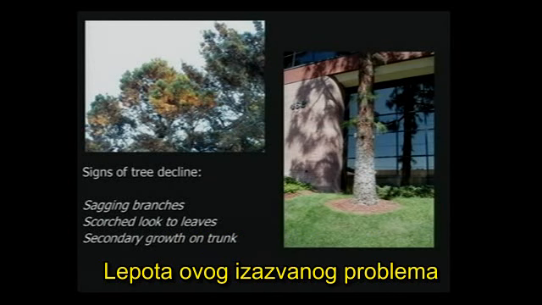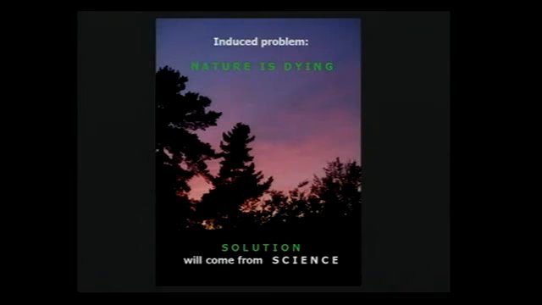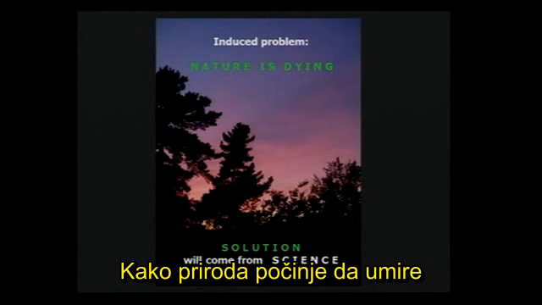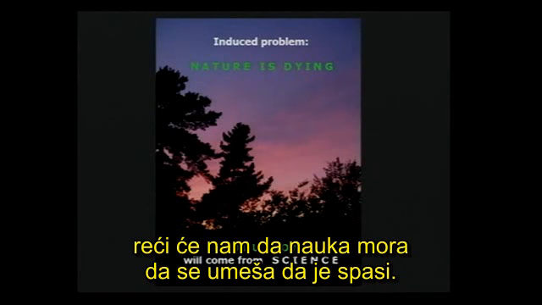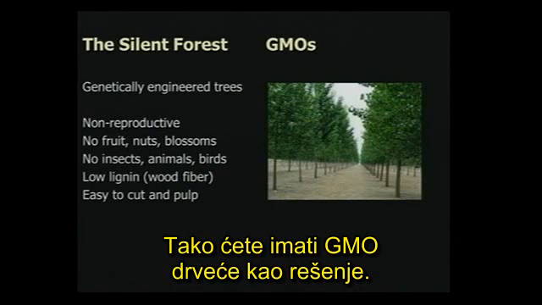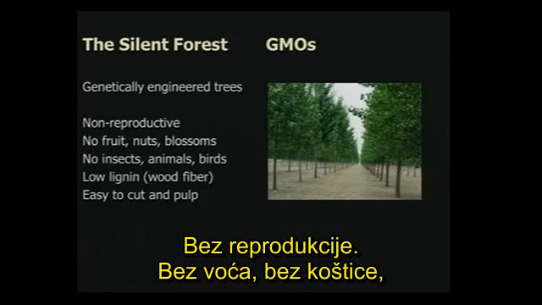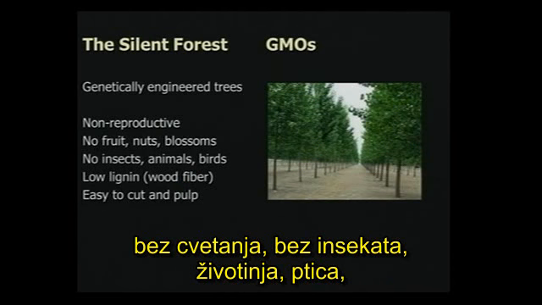The beauty of an induced problem is that its twin is the solution. As nature begins to die, we will be told that science will have to step in to save it. So you'll have GMO trees as the answer. The silent forest, they call it: genetically engineered trees, non-reproductive, no fruit, nuts, blossoms, no insects, animals, birds.